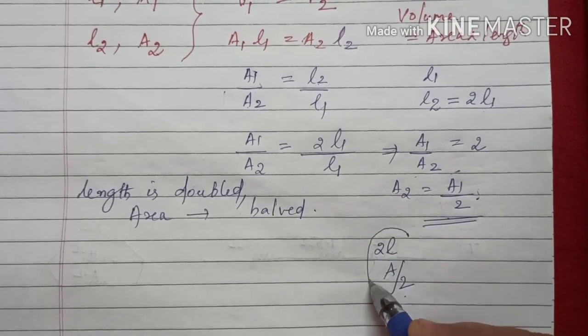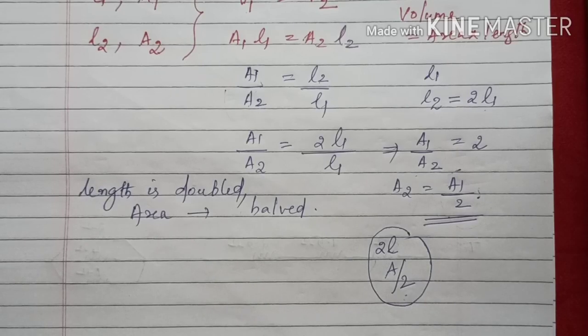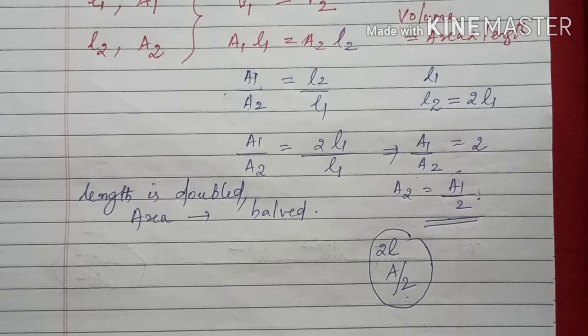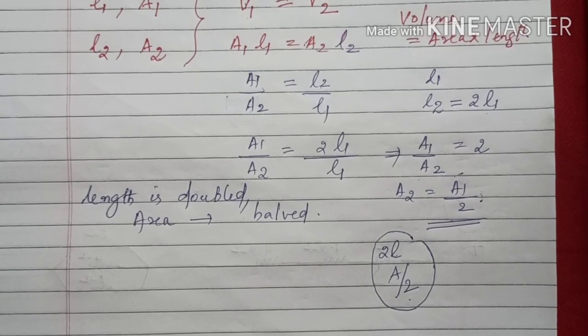So our question is: you have a wire having a resistance value of 20 ohm and its length is increased. Now you have to find the new resistance.